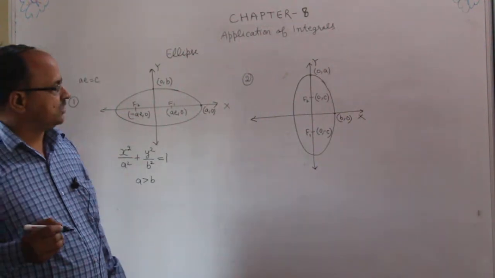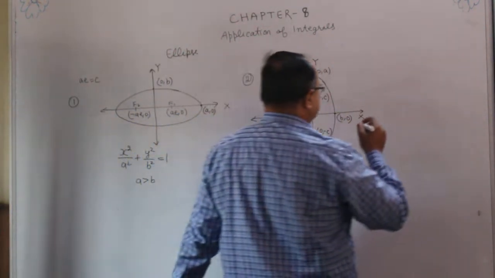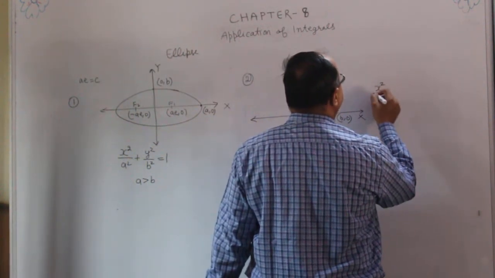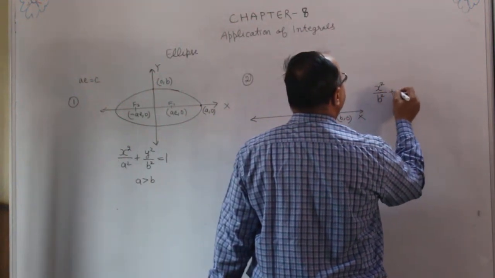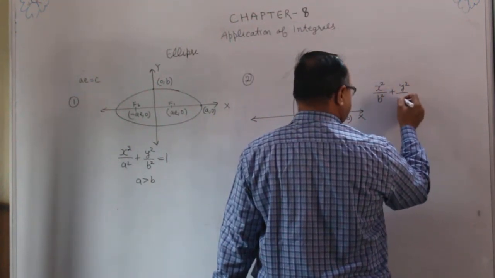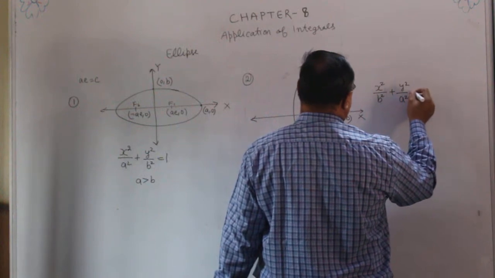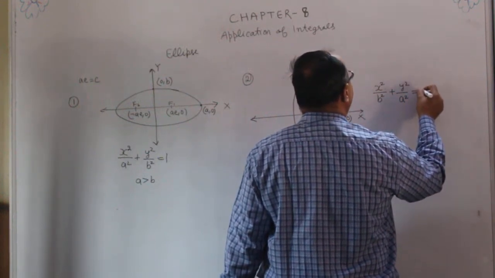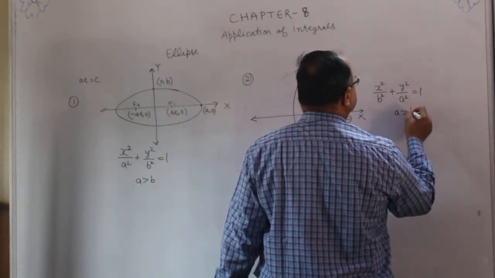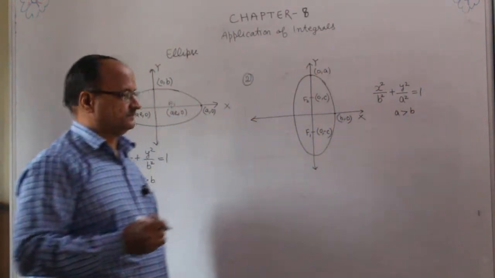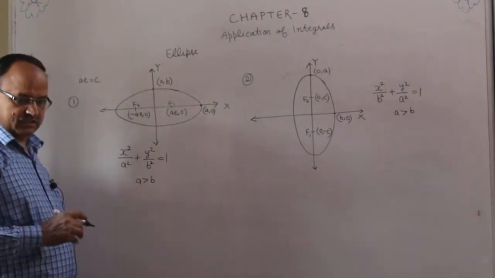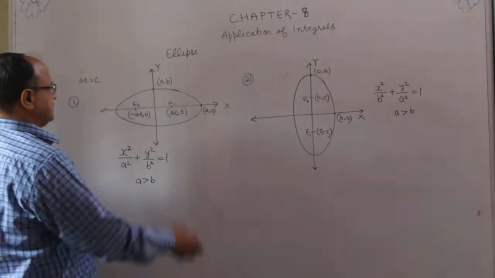And the equation of vertical ellipse is x square by b square plus y square by a square is equal to 1. In this question, a greater than b. There are two types of ellipse.